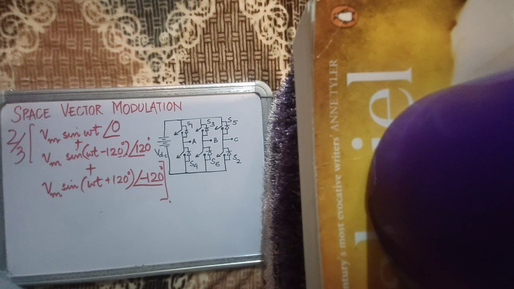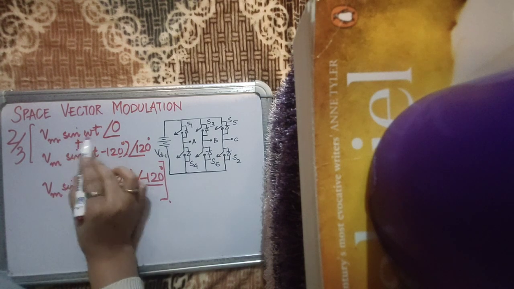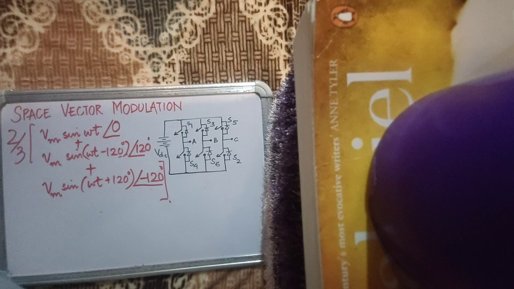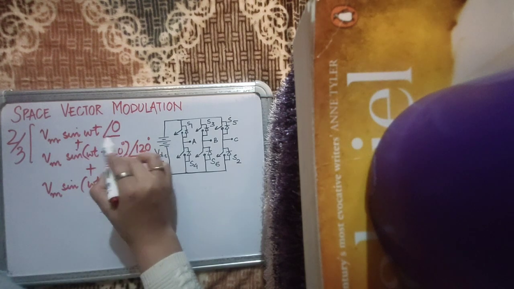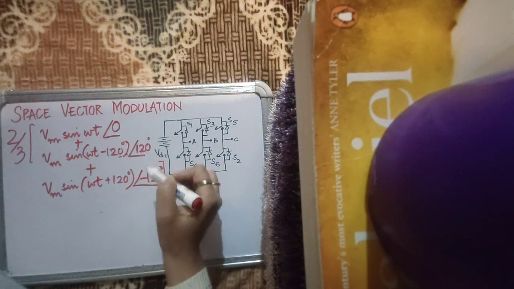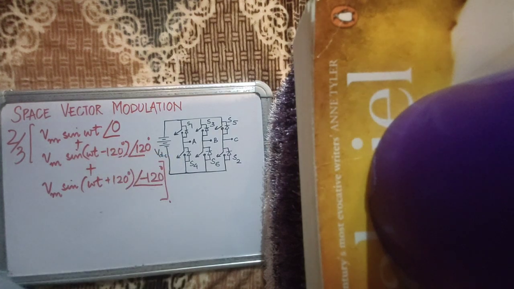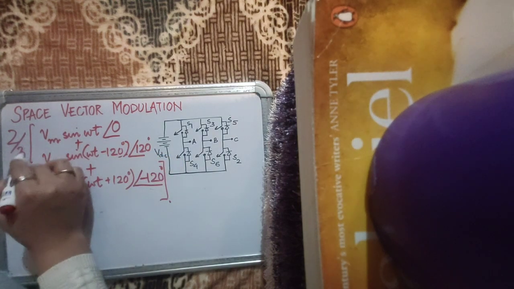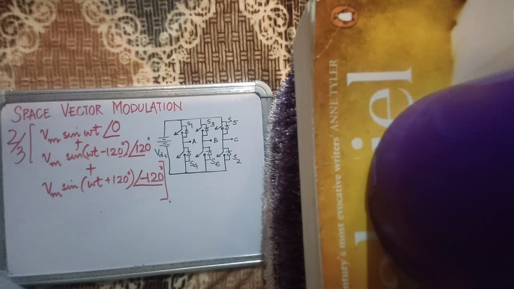So basically, in space vector modulation, you generate a reference space phasor, or a reference space vector, which is simply the space phasor addition of three reference voltages, and you assign them some phase in space. Electrically, you want them 120 degrees apart, and you multiply a constant 2 by 3 to them.